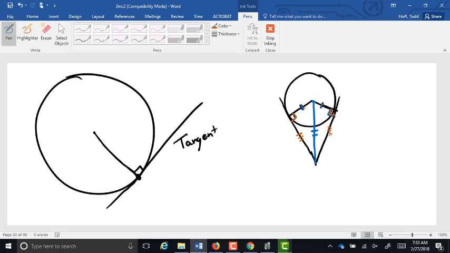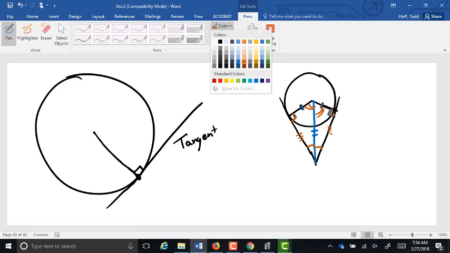So what does that tell us about those two triangles? They're equal. If two triangles have the same three sides, they must be the same triangle. They can be mirror images of each other, but they're still the same triangle. So that leads us to know that this angle and this angle are the same, and this angle here and this angle here are the same.